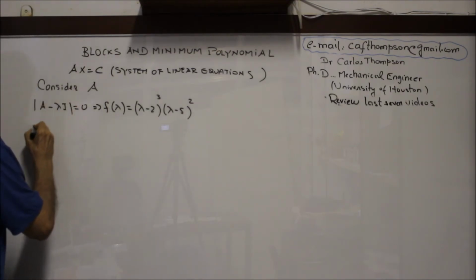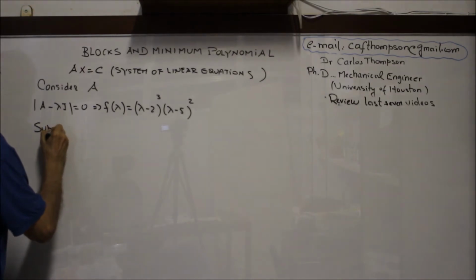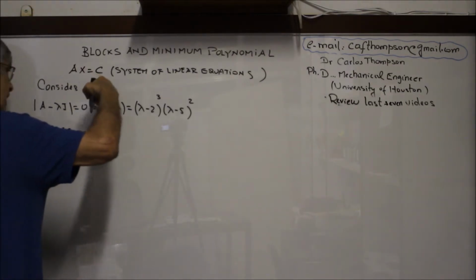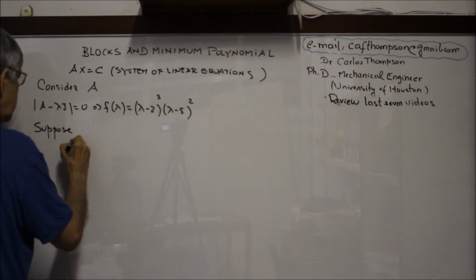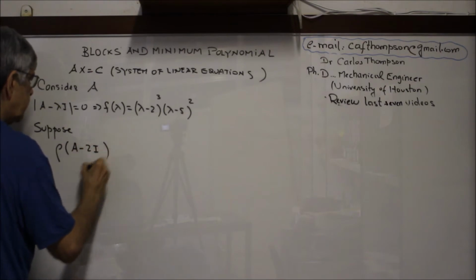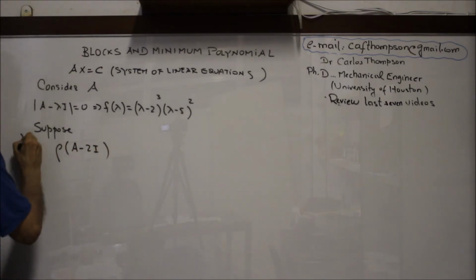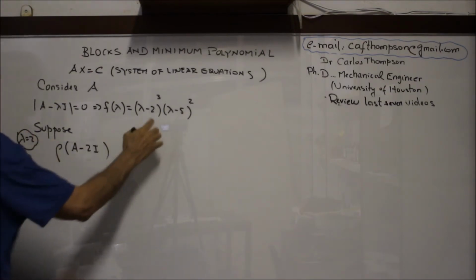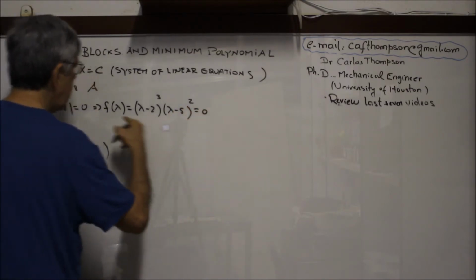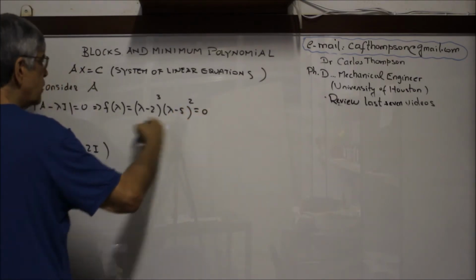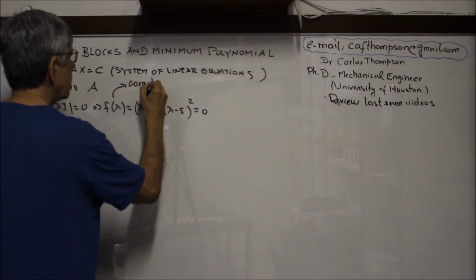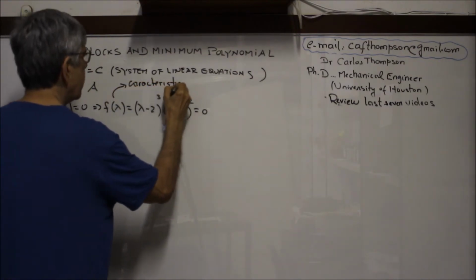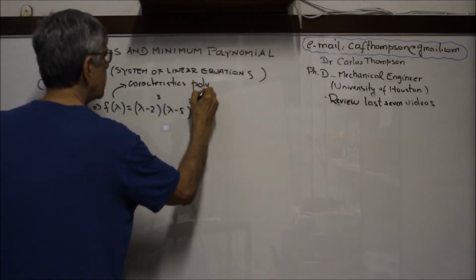Suppose from matrix A we have the determinant of A minus lambda I equal to 0. This is called the characteristic polynomial.